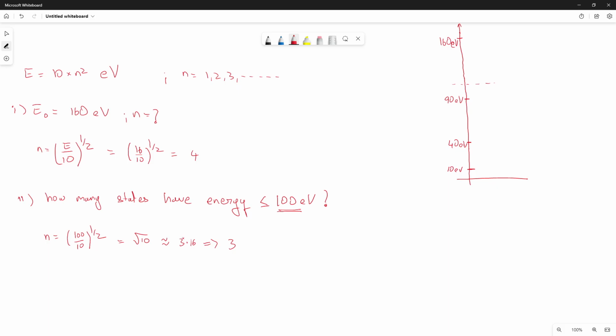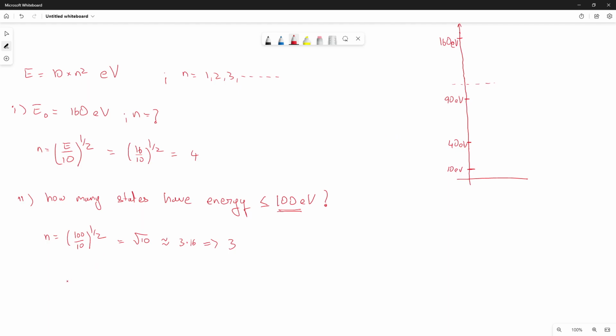However, we don't care about that. Essentially, what we are trying to understand is how this quantity, the number of energy states, varies with the given energy. So whatever number I get here is kind of the answer. If I get 4 here, the answer is 4. If I get 3.16 here, the answer is 3. Is that clear? Yes, sir.